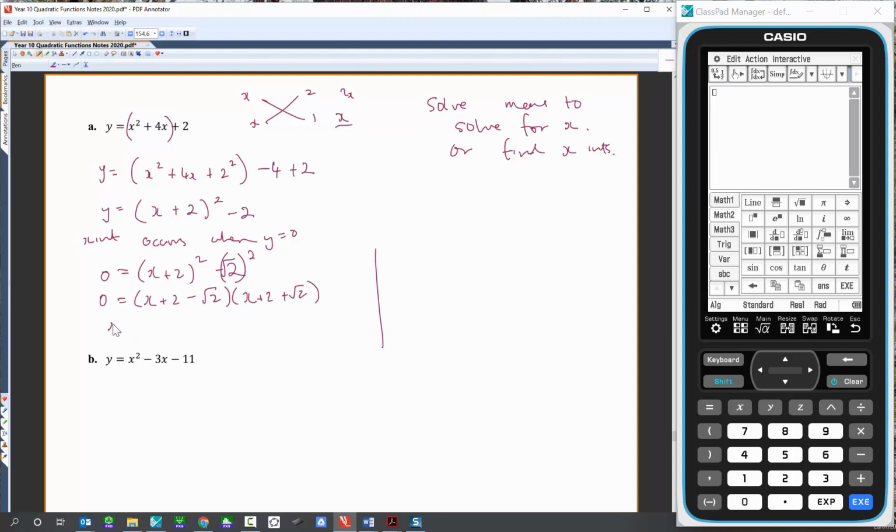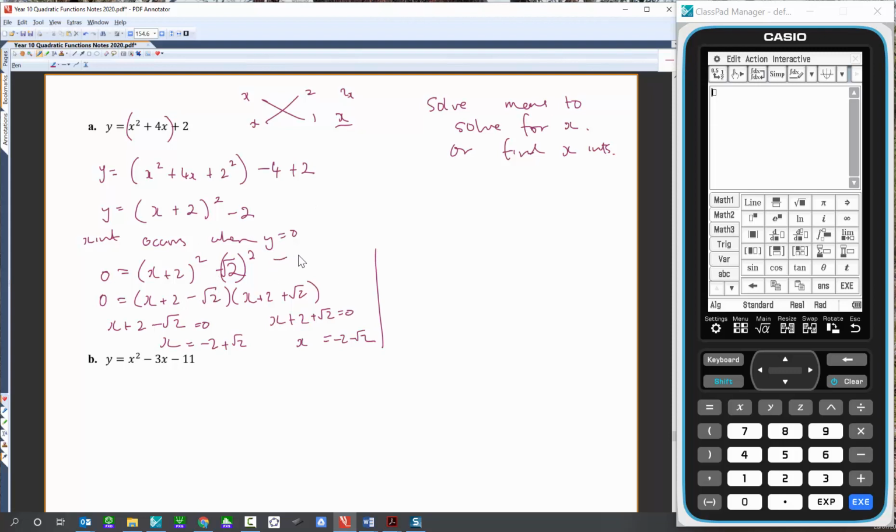Then run the null factor law: x plus 2 take root 2 equals 0, in which case x equals negative 2 plus root 2, or x plus 2 plus root 2 equals 0, in which case x is equal to negative 2 take root 2. Right, so that's one method of doing it, and like I said, it's my least preferred method.